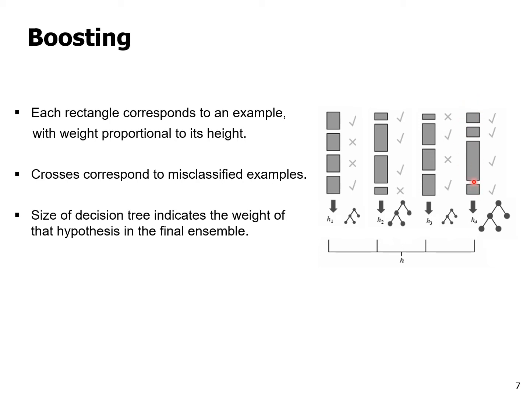Finally, using this, you build another decision tree, and suppose now this decision tree correctly classifies the entire data. So everything is perfect now. Because the accuracy of this classifier is 100%, its size is the largest among these. So this picture shows the weight values of data and the weight values of classifiers.